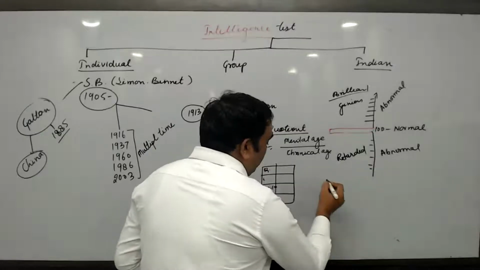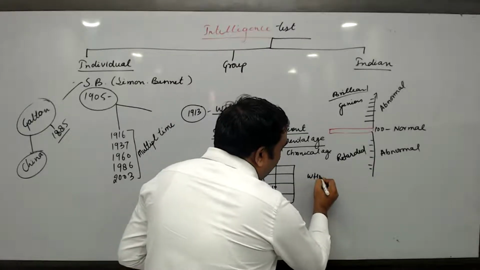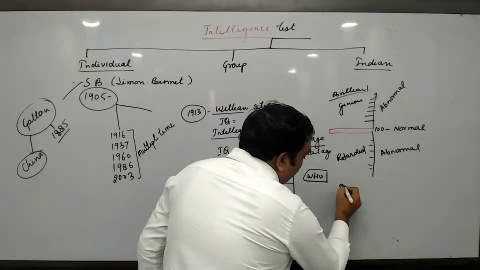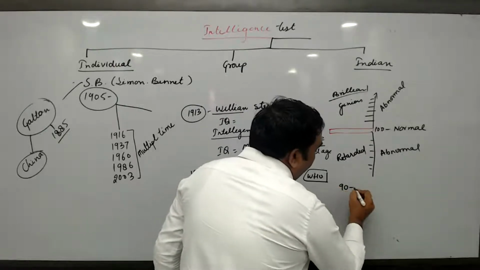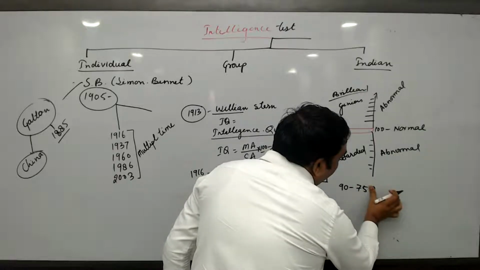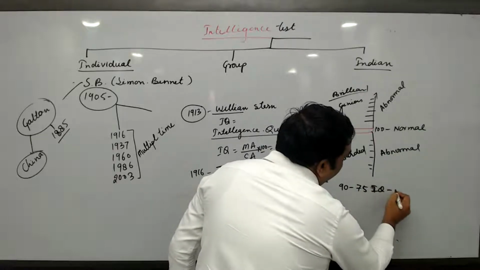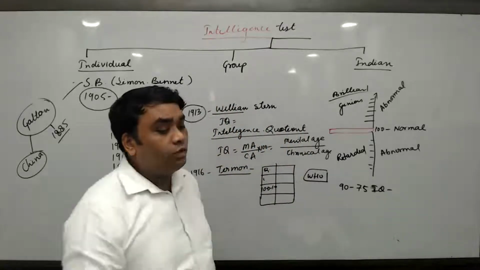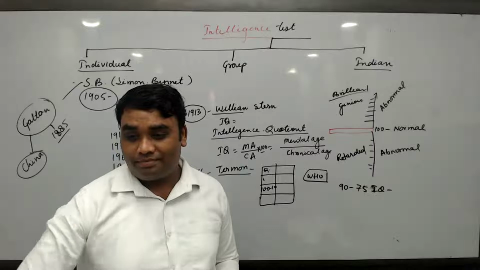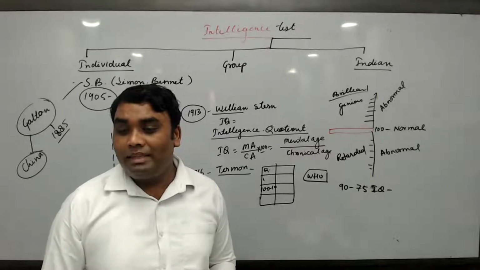According to WHO, the retardations are like this. You can notice that the person who has 90 to 75 IQ, what will they have?